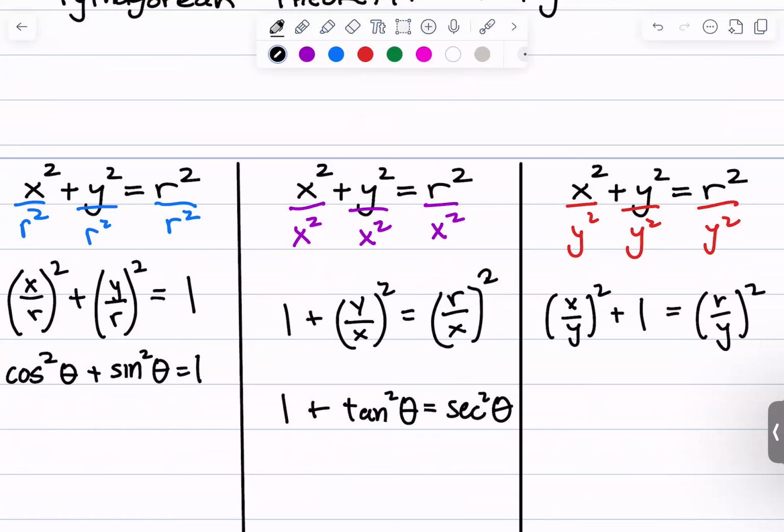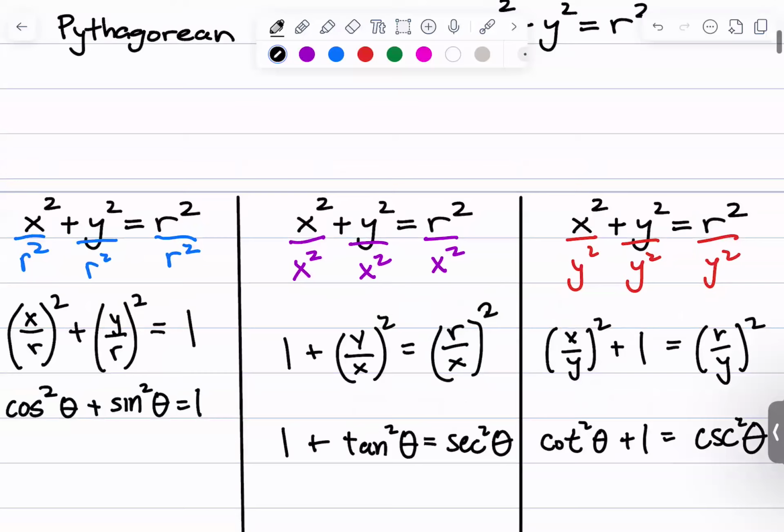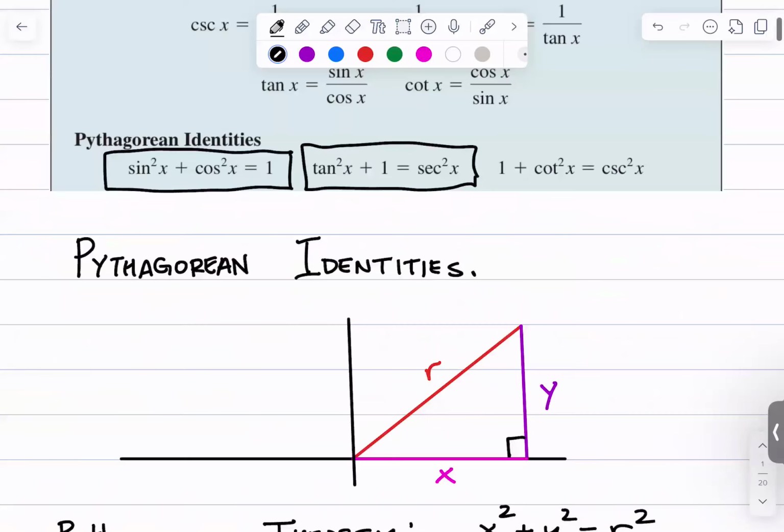X over y is cotangent, squared, plus 1 equals r over y, which is cosecant squared. So that one right there, cotangent squared plus 1 equals cosecant squared, is just like this third one here. Okay, so that's how you get these identities.